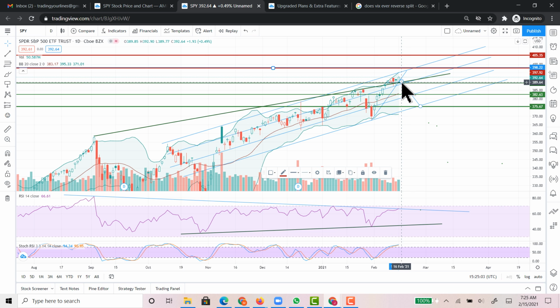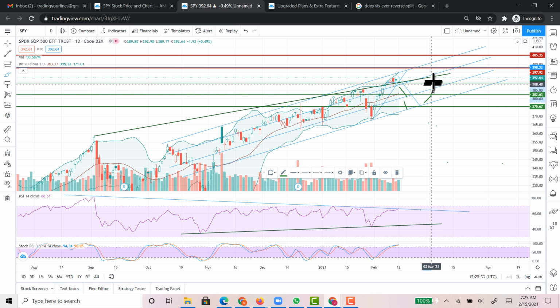As soon as this line breaks, we are going to see a downside. How far down it can go is your next support area. If 389.16 breaks, we are going to see 382.60, and then the next target will be 375.67, which is also your 50-day MA, where it's definitely a nice bounce we can expect.